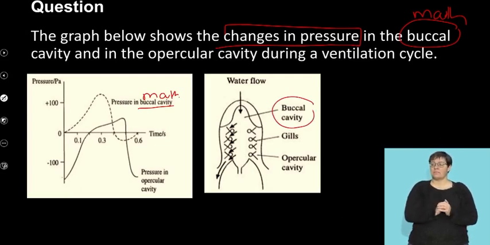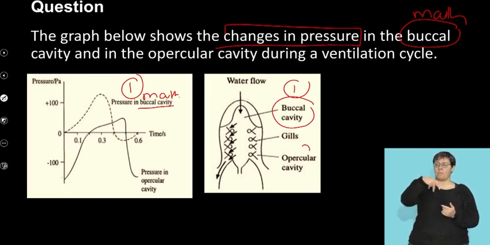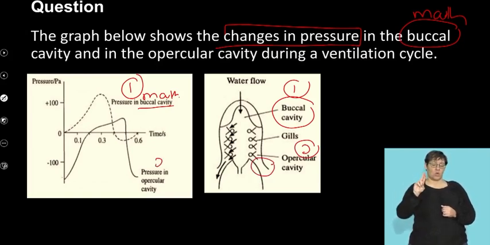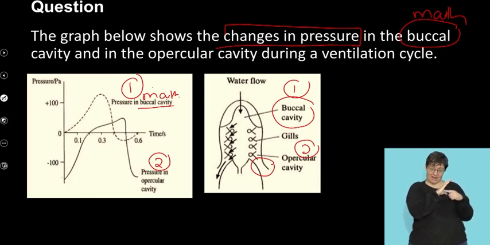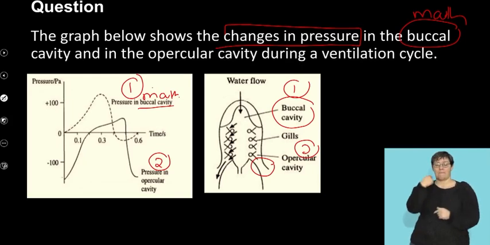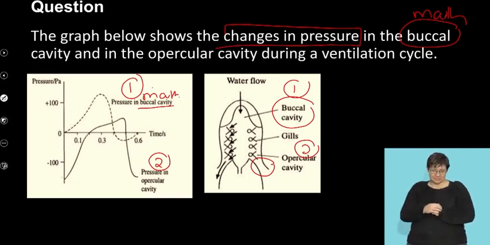So one here is the mouth, and two is going to be the opercular cavity over here. So that's this part when it opens and closes. So basically what is going to happen, guys, is when the mouth opens, the pressure is going to increase in the buccal cavity, and when the mouth closes, the pressure is going to increase in the opercular cavity.